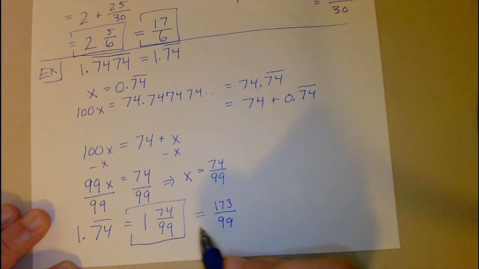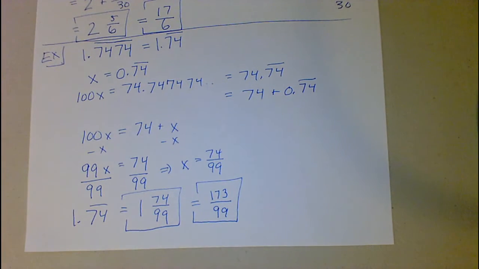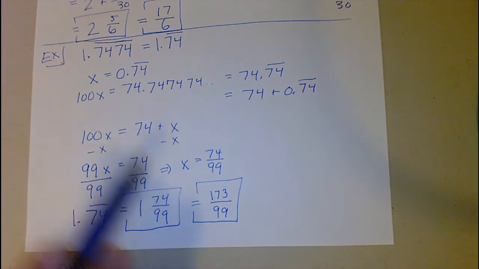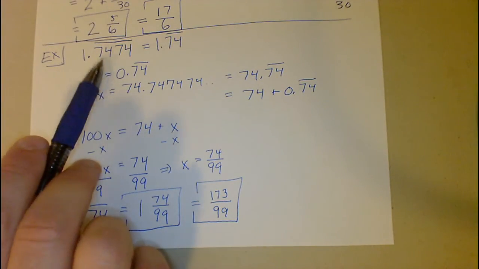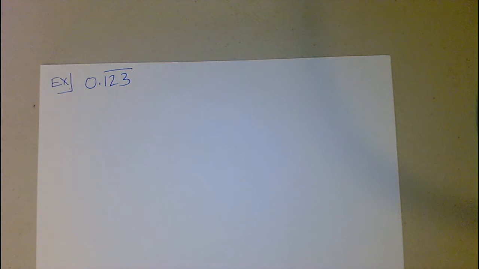And so as an improper fraction, I get 173 divided by 99. If you do the long division, linked in the description below, to check your work, you will find that 173 over 99 is 1.74747474 repeating forever.